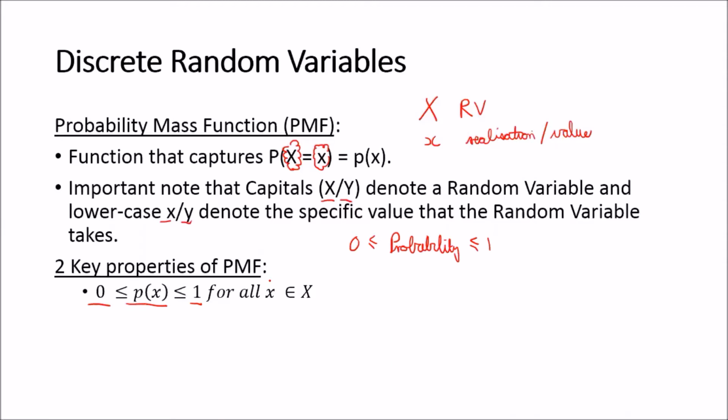Okay, and a very common thing that we need to remember is the support of our distribution, this little x element of capital X. What this means is it's all the values that this random variable X can take. It's the entire support.